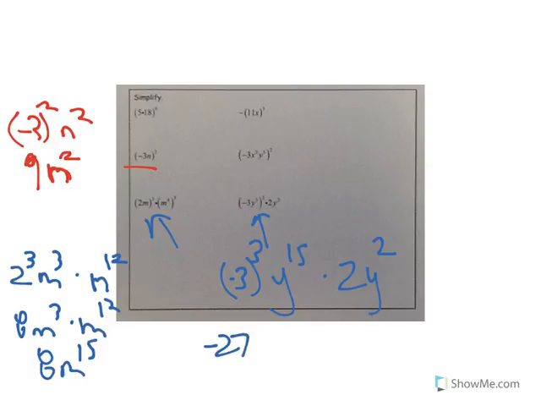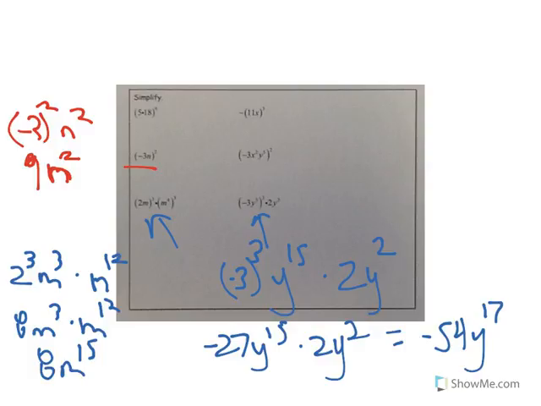Remember, the negative sign is included in there, so you've got to multiply the negative by the negative by the negative, not like the other one where you have the negative on the outside. Times 2 y to the 2nd power. And then we can multiply this out, number to number. That's going to be -54. And then power to power, it's going to be y to the 17th. And that's how it works.